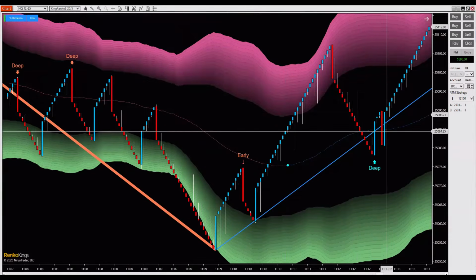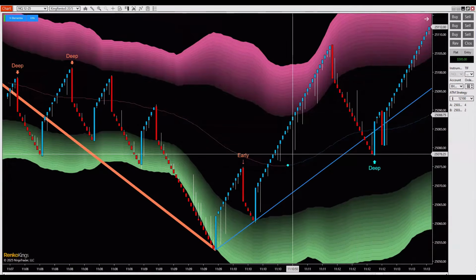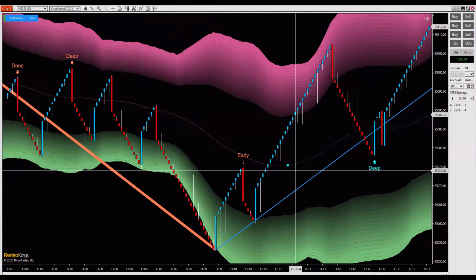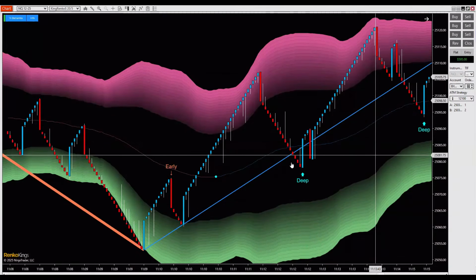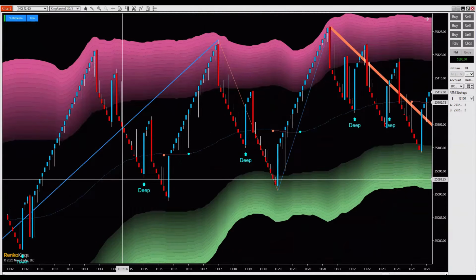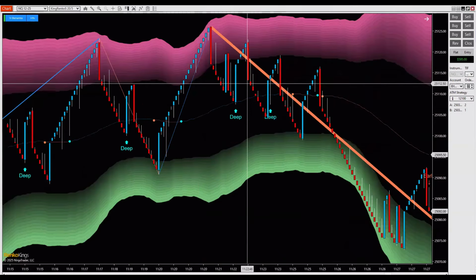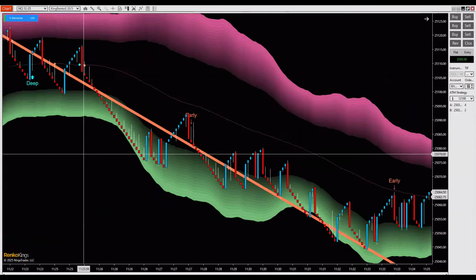And these to me are really good signals. The first deep retracement after a change in trend. The first one is always the best. At least that's how I look at it. These tend to be very high probability trades right over here. And then the subsequent ones get to be a bit tricky, especially after the move has been exhausted. So that's just something you know with experience.